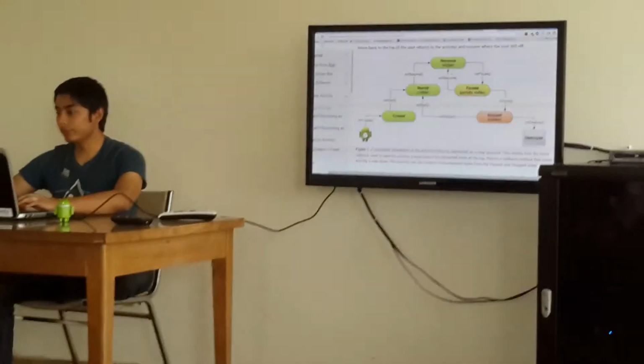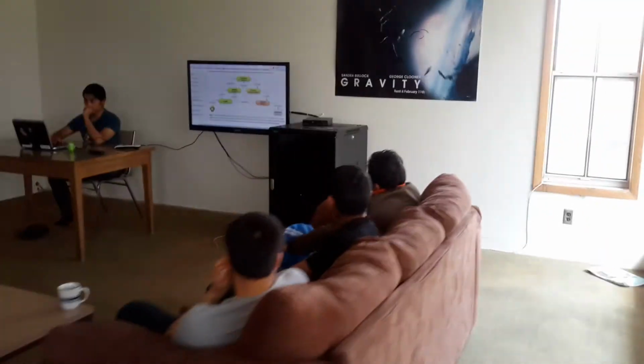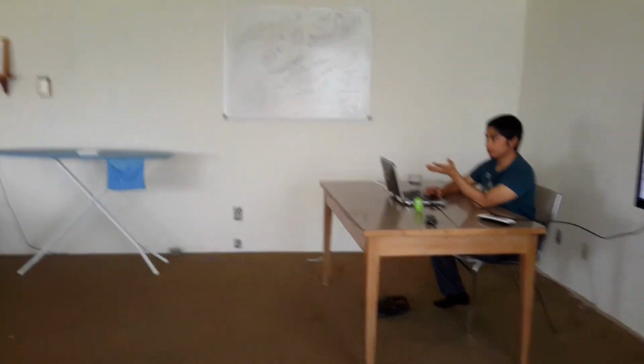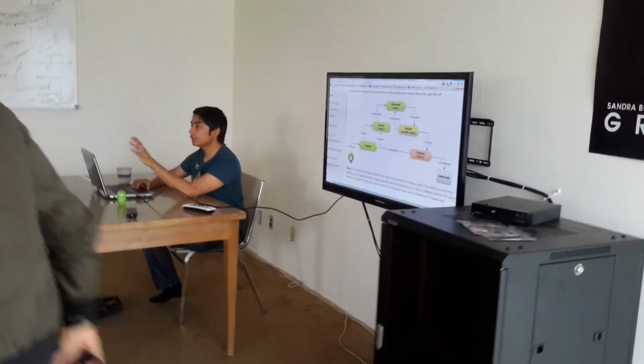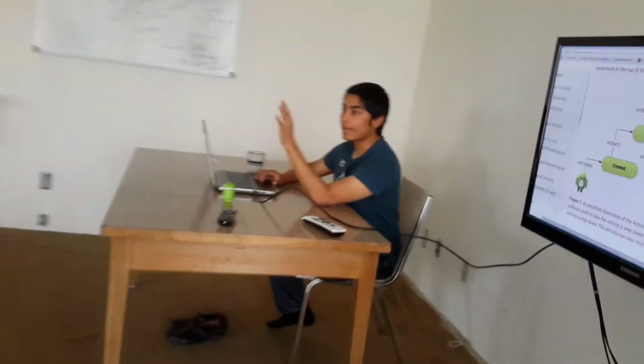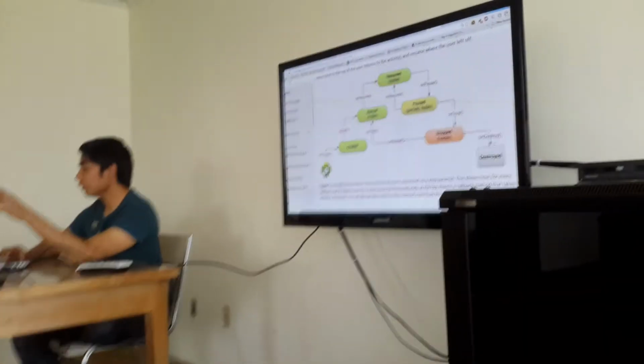And then there's onPause, onStop, and onDestroy. So the simplest thing is onCreate and onDestroy. onCreate, as I just told you, is when an activity gets created. onDestroy is the final call before the activity gets destroyed. This is onDestroy here.